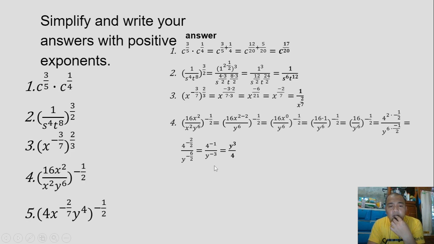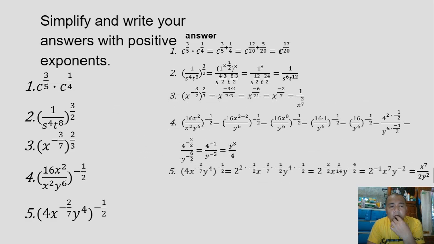Bale, 4x sa baba. By the way, we can cancel x squared now, so that y to the 6 sa taas becomes y cubed. 16 raised to 1/2 sa denominator, which is 4. Correct. Y cubed over 4.